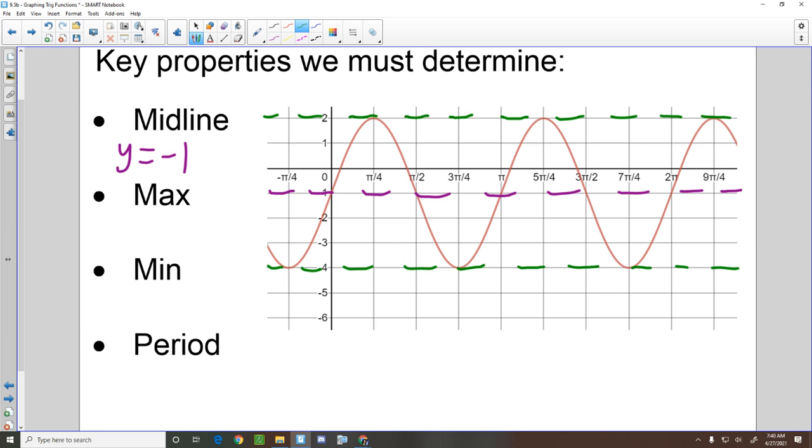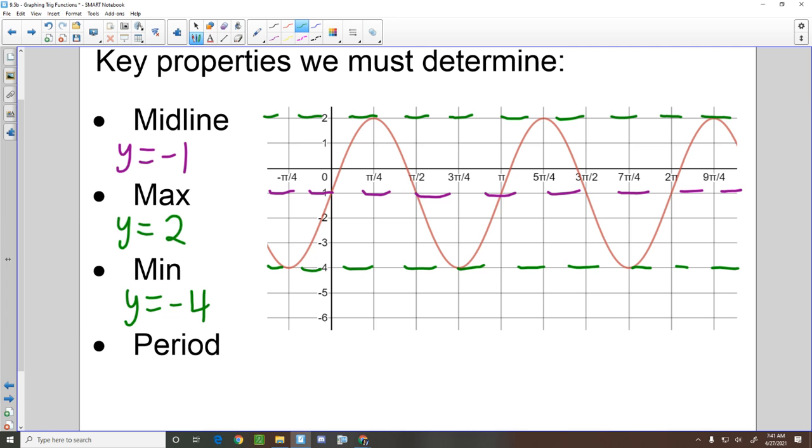And so we're going to identify the max and the min, again, from the equation, then we're going to draw in these guidelines to help us actually graph it. And so the maximum for this one is at 2. The minimum is at -4. And that tells us the basic size of our wave, where it's going to be located and how high or how low it's going to go.